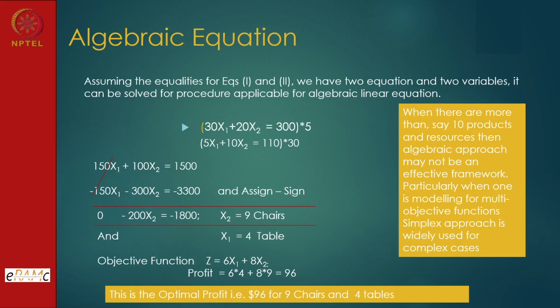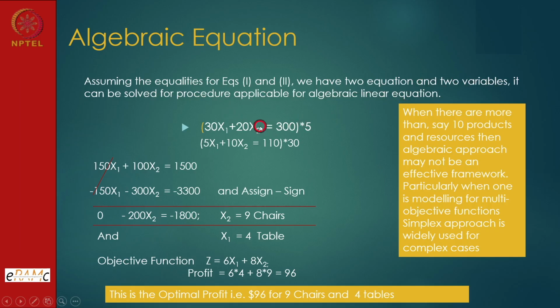Now, what to do for the algebraic equation? For the algebraic equation, we have to remove the inequalities. Assuming equalities, equations 1 and 2 give two equations and two variables, which can be solved by the standard procedure.